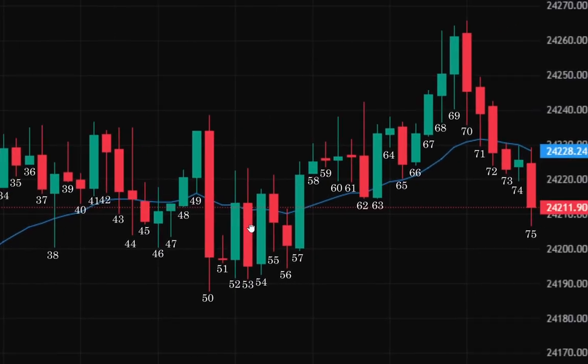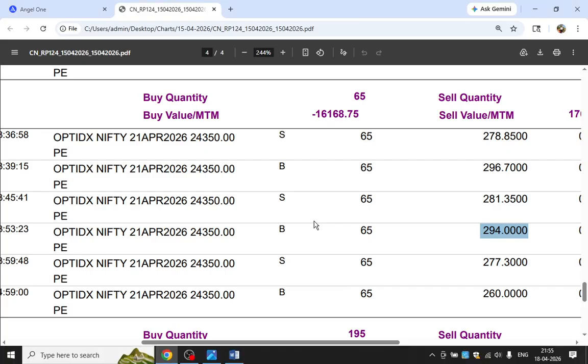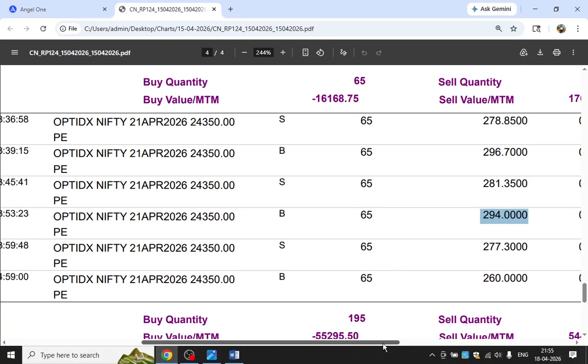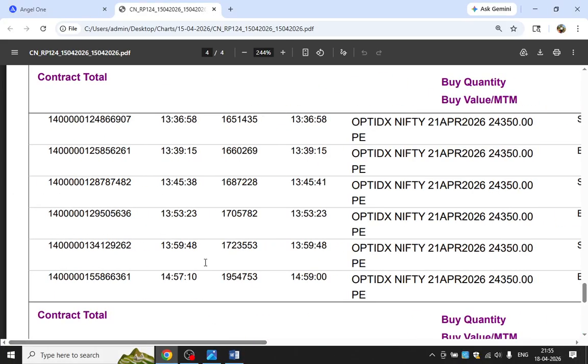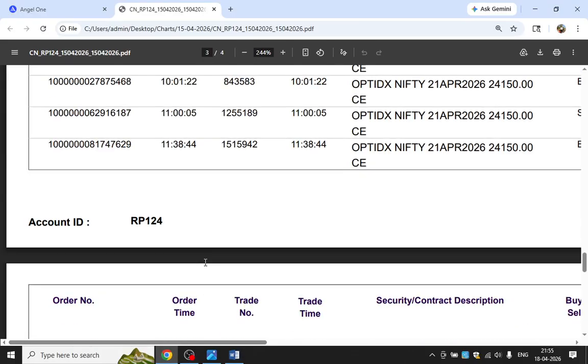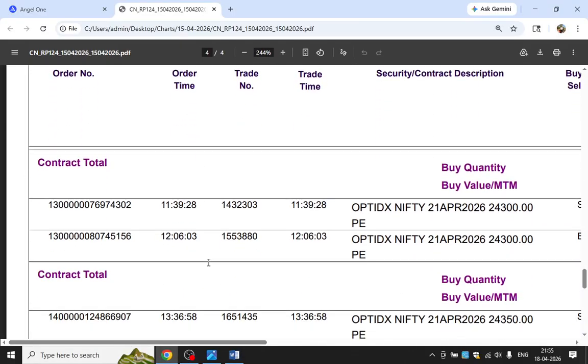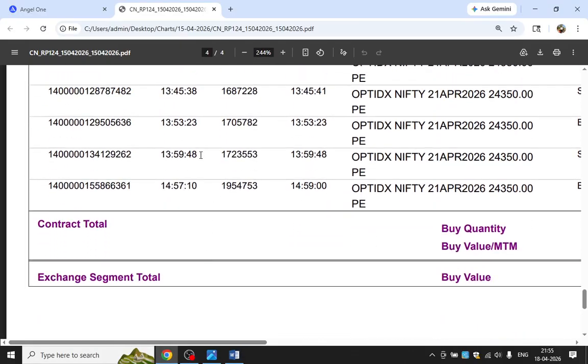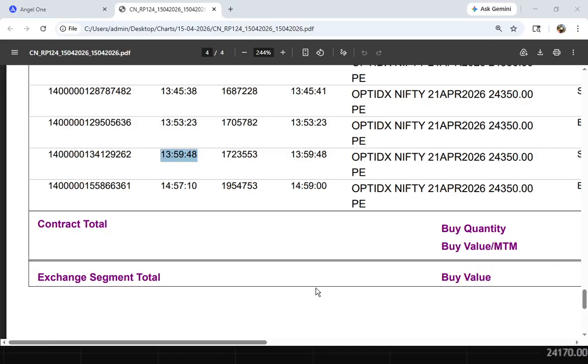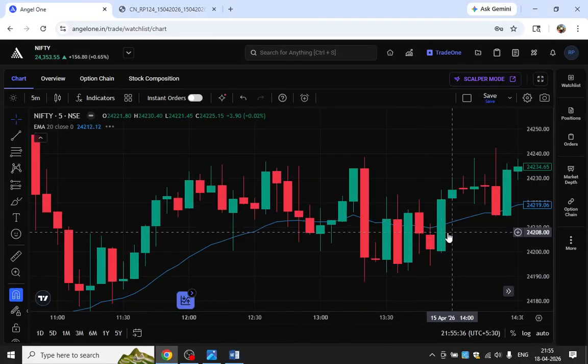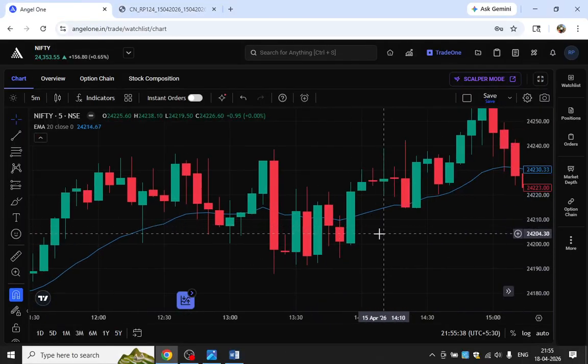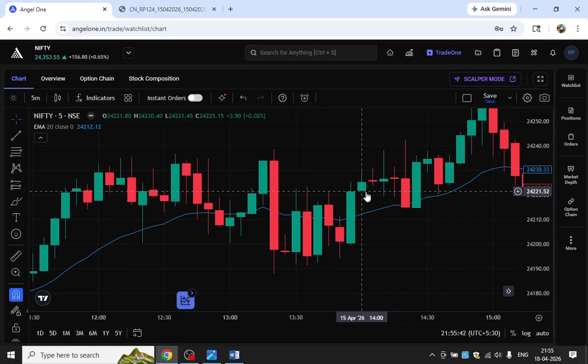Now the last trade I took was at this point, at 2 o'clock. Where is 2 o'clock? Around this position. After watching this, as you can see, this is a trading range. I took a bet.